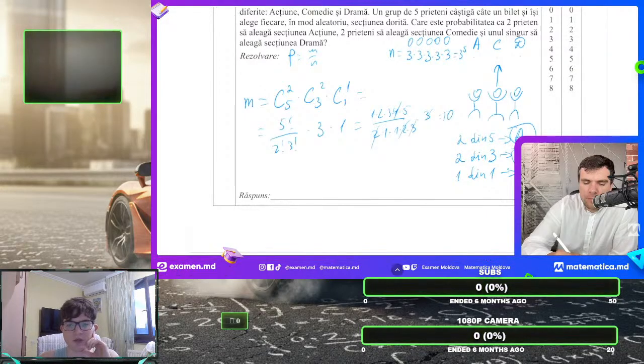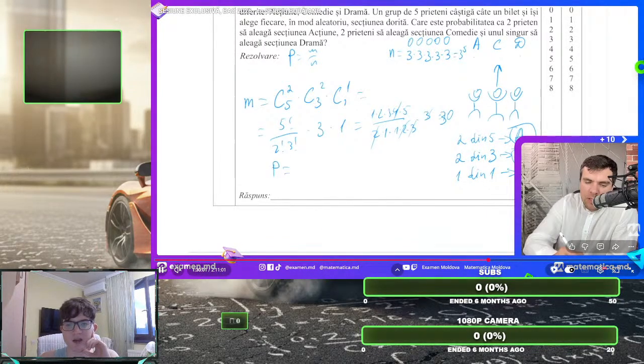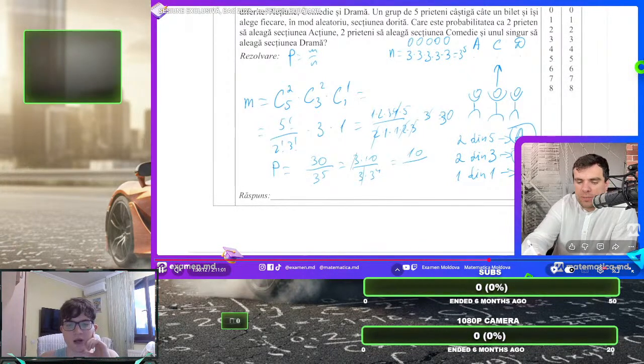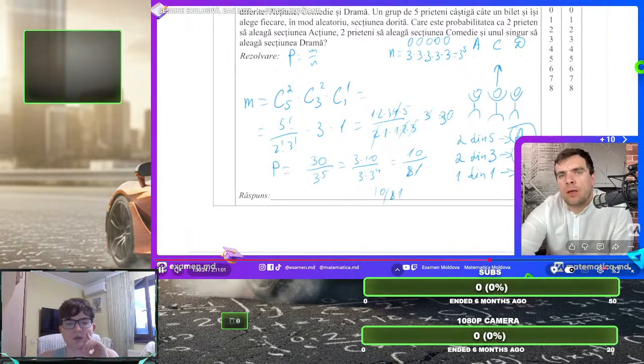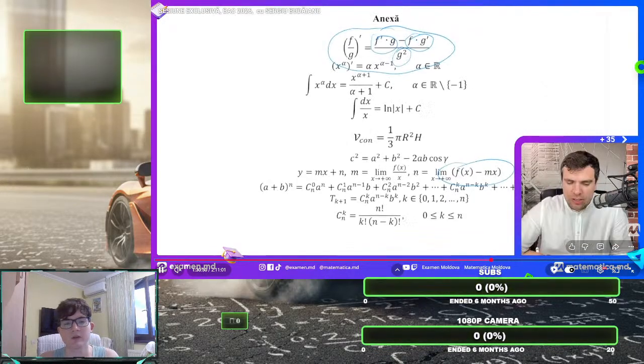So it's going to be just 10. Actually 30. Yeah, 30. And we just pop it there. So you're going to have 30 and 3 times 3 to the 4th power like that. So 10 divided by 81, right? So 10 divided by 81 right here.